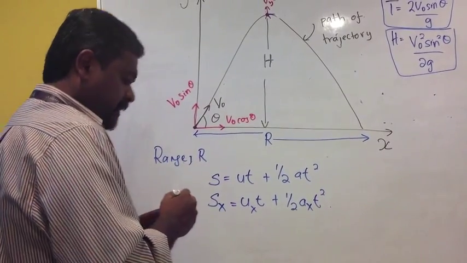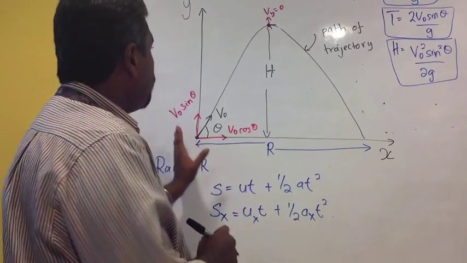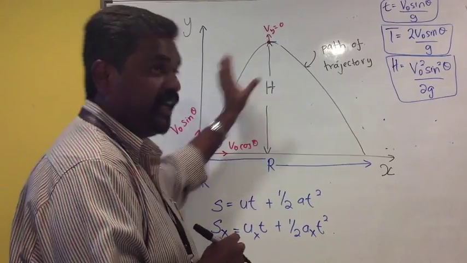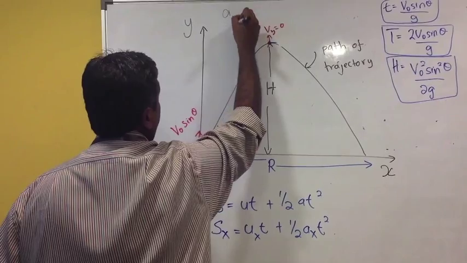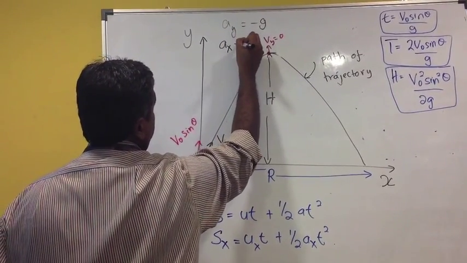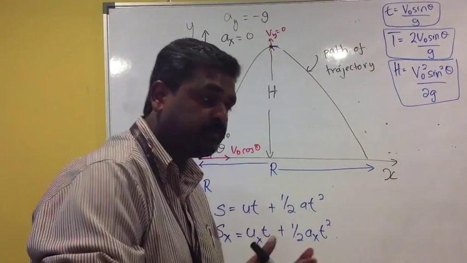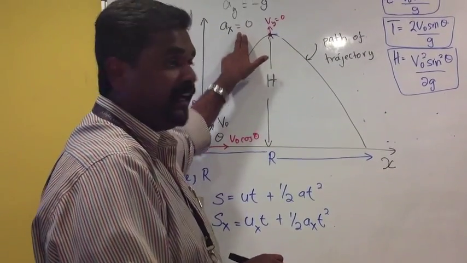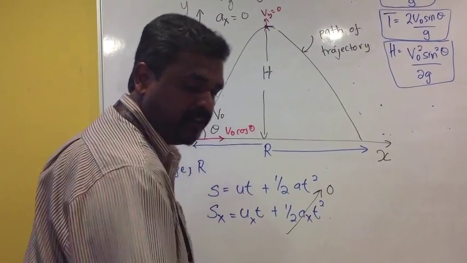Now I've already explained that in a projectile motion, even though the body moves in two dimensions, in the x and y direction together, there is only a value for acceleration in the y direction, and that value is negative g. While acceleration in the x direction is always 0, because gravity does not pull you horizontally, gravity always pulls you vertically downwards.